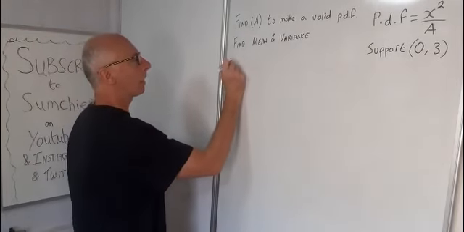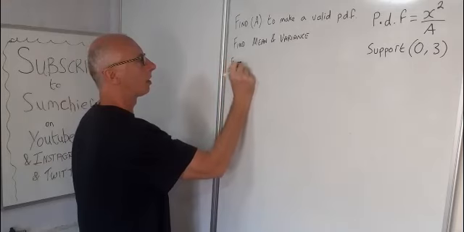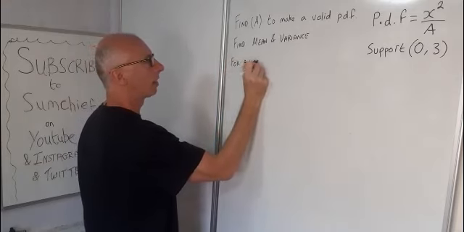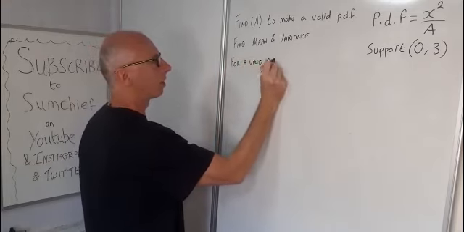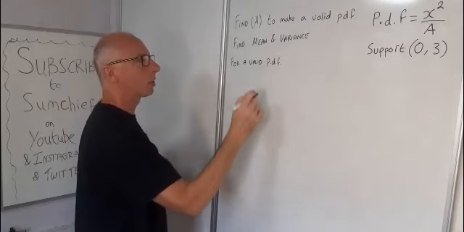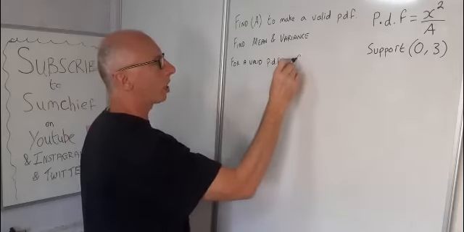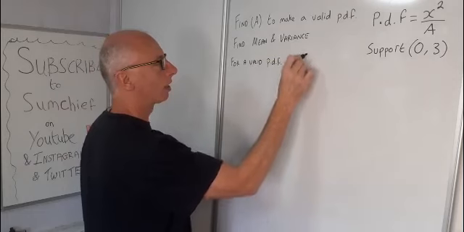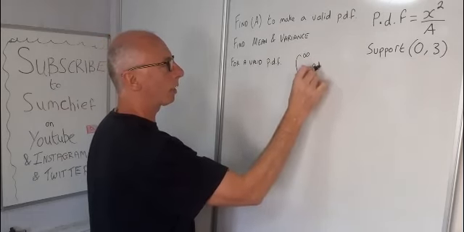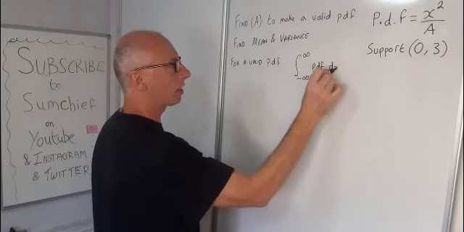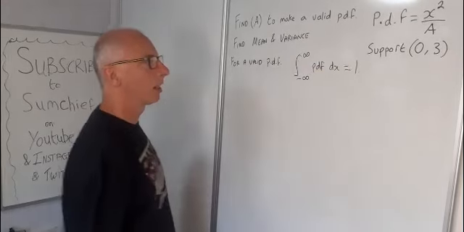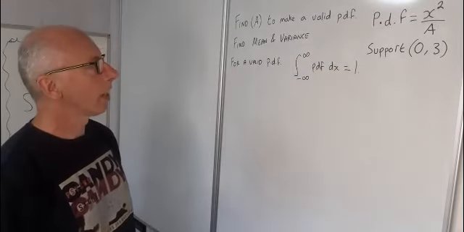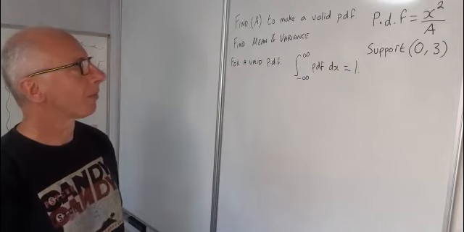For a valid probability density function, what we need to do is show that this integral of the PDF, integrated with regards to x, equals 1. That's the main way we can show this.